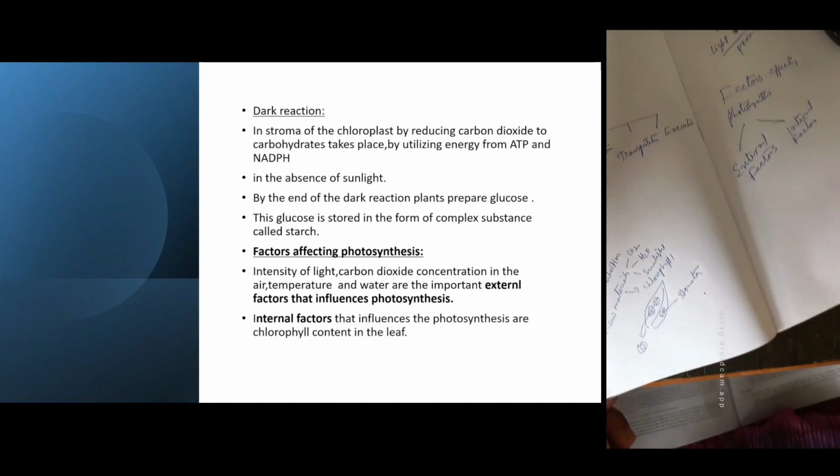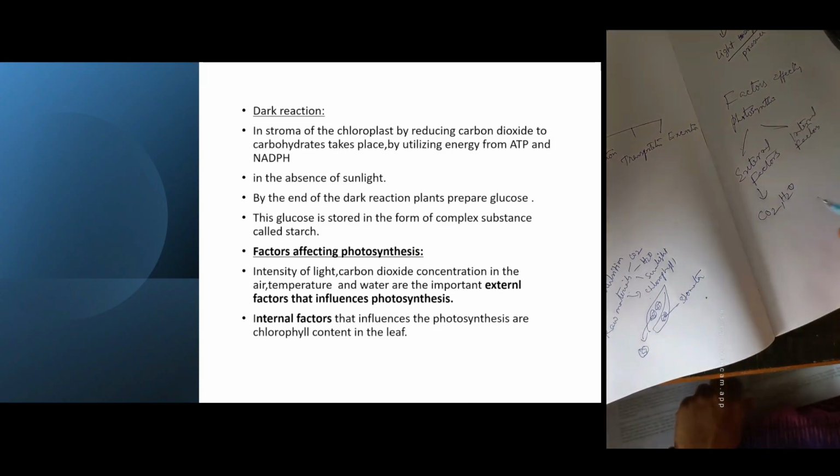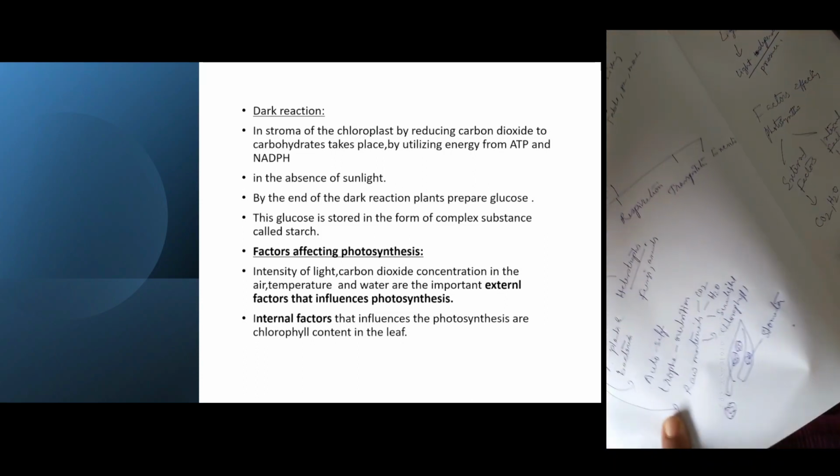What are the external factors? Whatever we are getting from the outside, that is carbon dioxide and water, are the external factors. Internal factors are the chlorophyll, chloroplast. These are the internal factors.